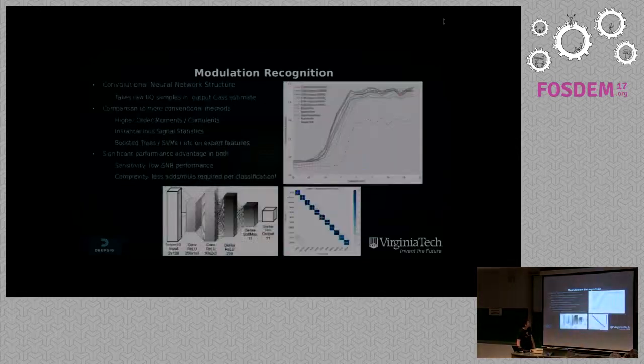This is basically just a small convolutional neural network that we're using to do this classification. And if we look at performance, the solid ones here are different variations of a feature learning approach, which take in the raw samples, and the dotted ones are different classifiers using these expert features like higher order moments to classify.